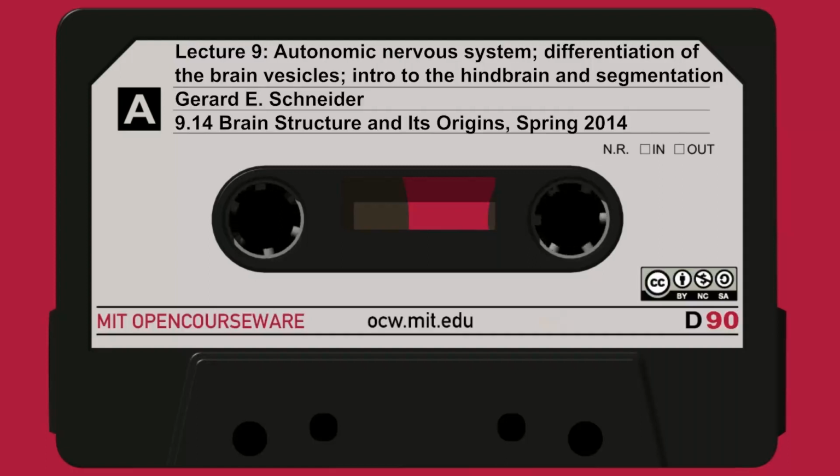These are the communicating nerves that connect the paravertebral ganglia, each of them, to the ventral roots.